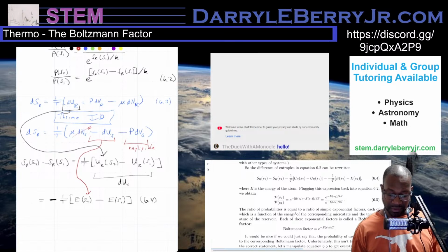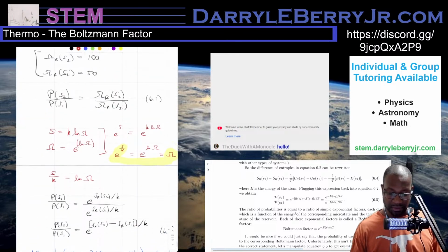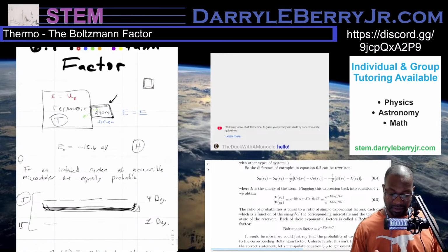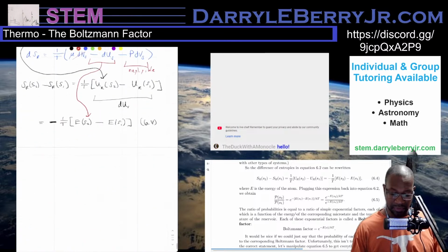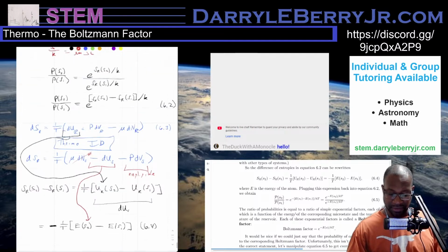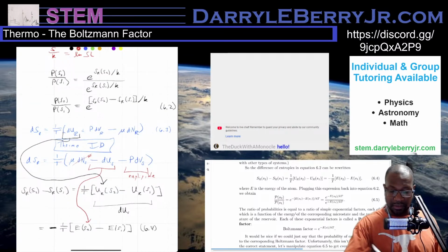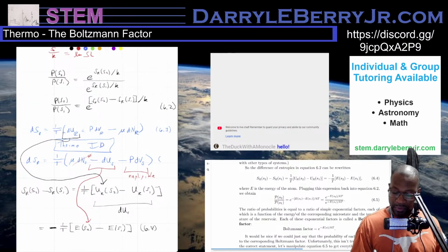So everything else is gone. We have just that. And now we have the change in energy of the system, which is E, because we discussed earlier that the energy of the system is just E. The energy of the reservoir is U. And the negative sign reverses the two, according to what I did here. And I'll call this 6.3.1.